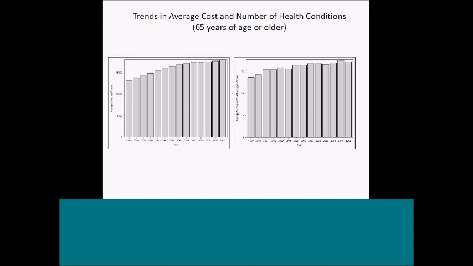On the other hand, on my right, there is the average number of health conditions. We have about 107 health conditions that we have defined for people: hypertension, diabetes, AMI, and so on. These are all defined based on the various ICD-9 codes.